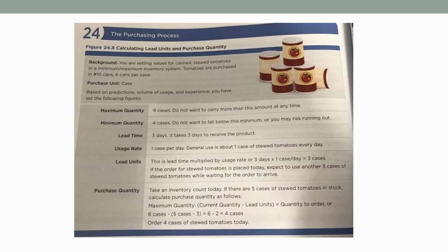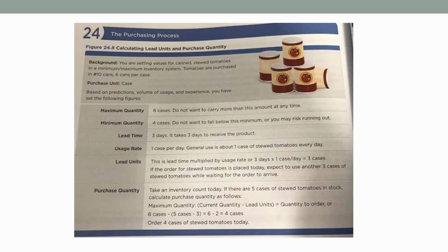So I've got 5 cases minus 3, so my current quantity minus my lead units. I know by the time this order gets to me, I'm going to have used 3. So I would have only 2 left when it gets to me.